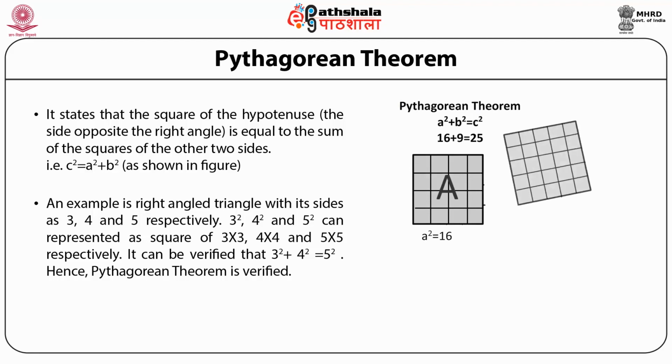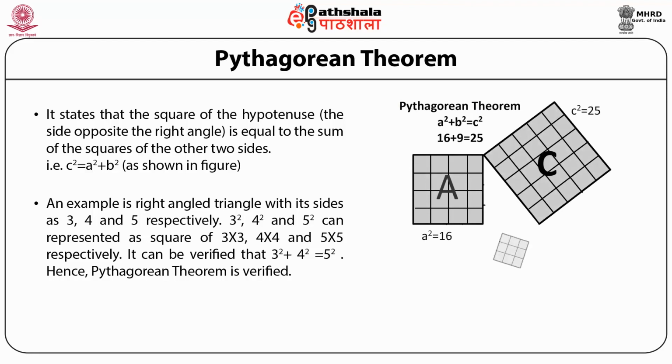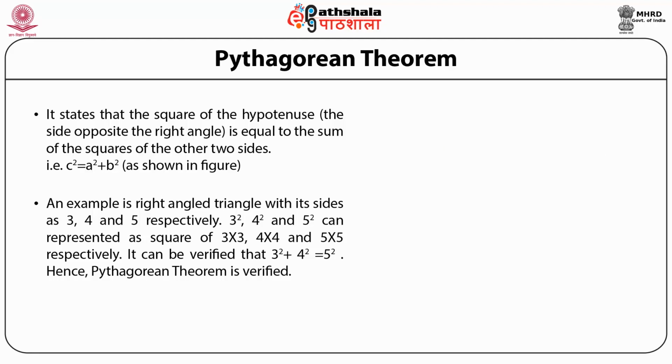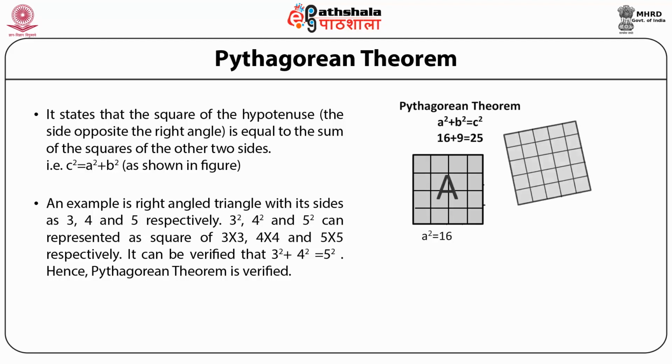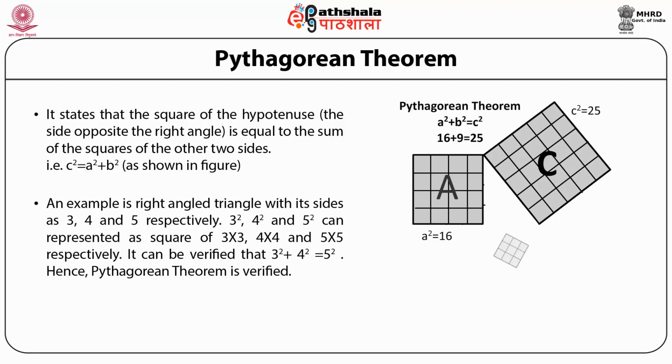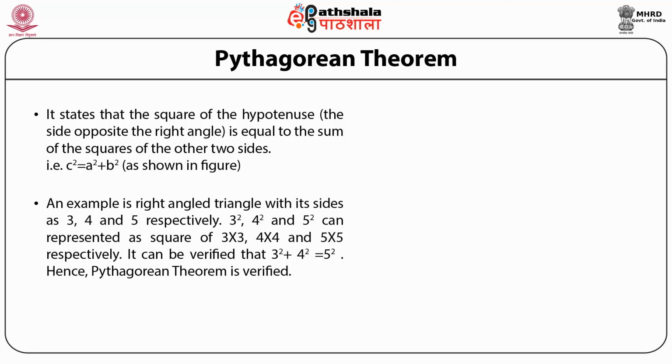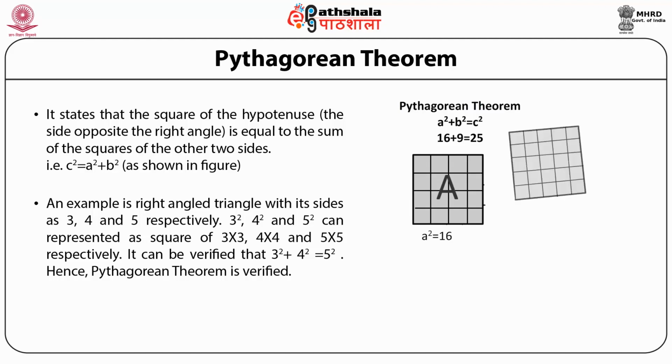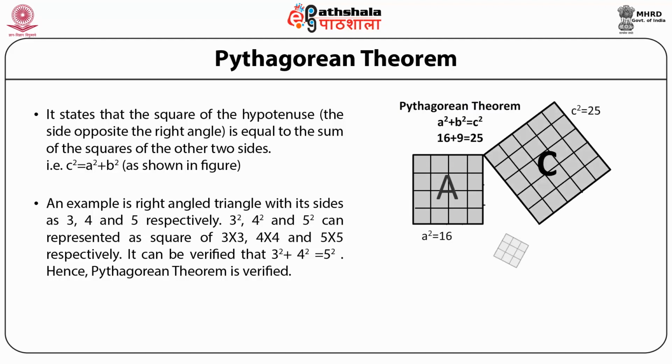The right side of the page shows 3 squares A, B and C, and in the center is a right angle triangle. The squares A and B have been formed by having one of the sides of the triangle as a side of the square. So A squared will be the area of the square formed using one of the sides of the triangle.